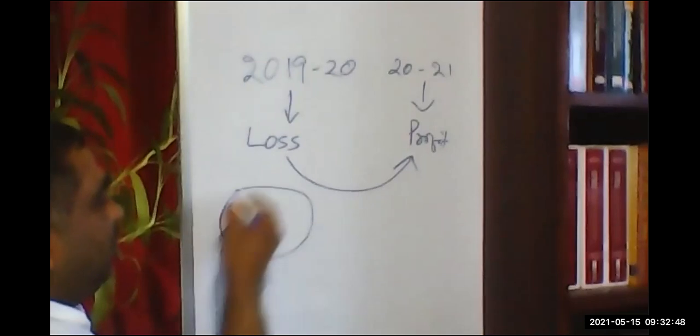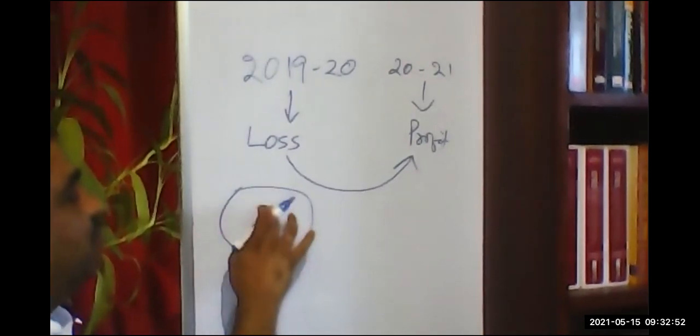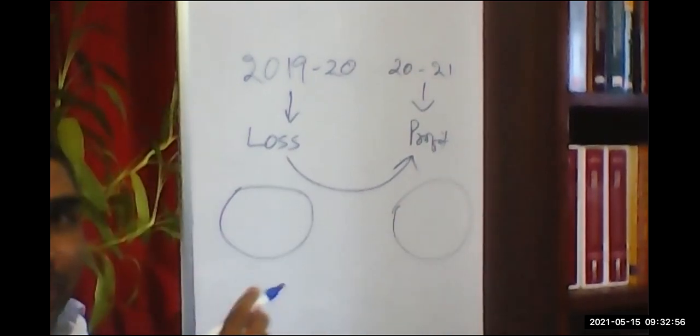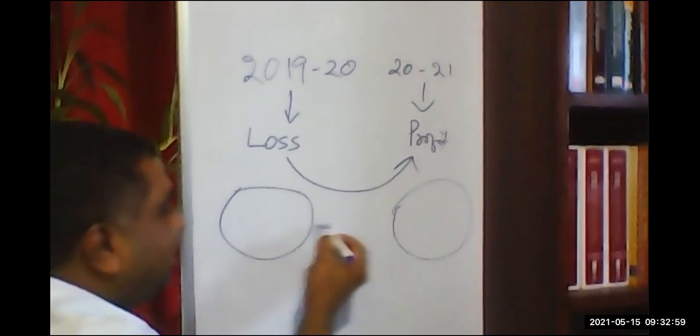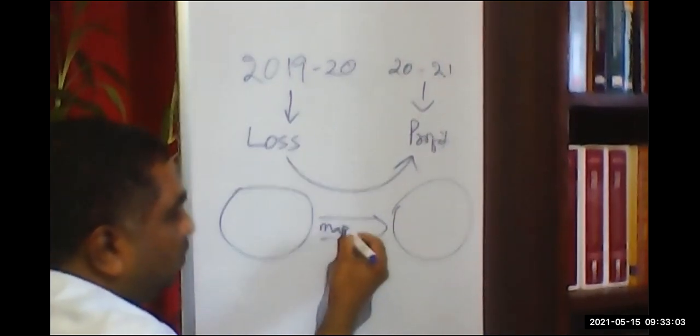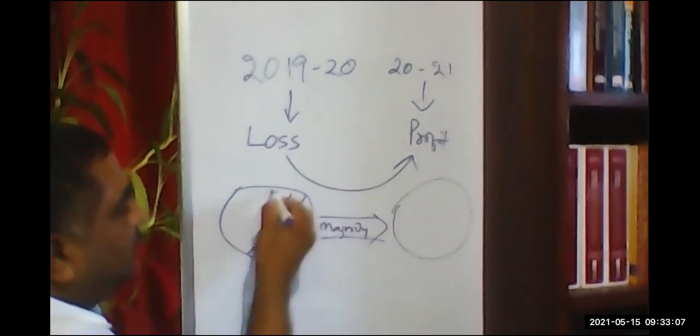You have to see how many people are the shareholders. Let us say some people are the shareholders here, and here also some people are shareholders. You have to see at least a majority of the shareholders must be continuing as majority. That means at least 51% of the shareholders should be the same.